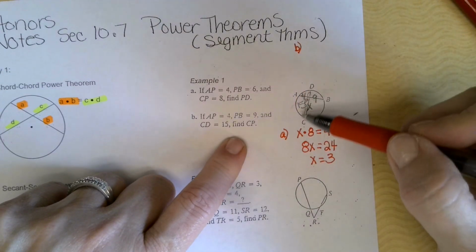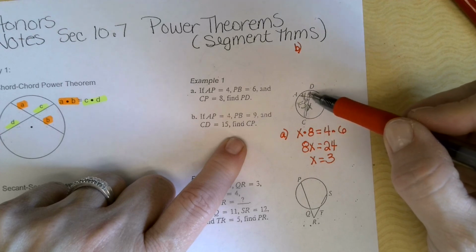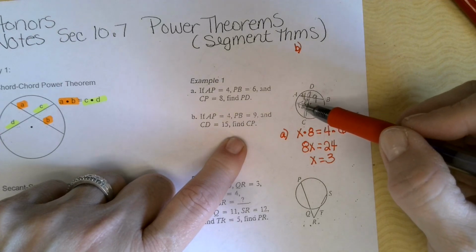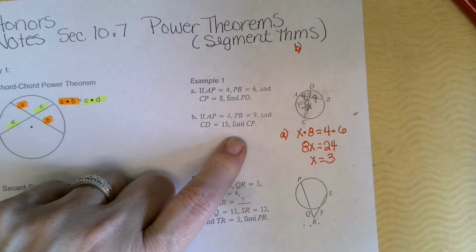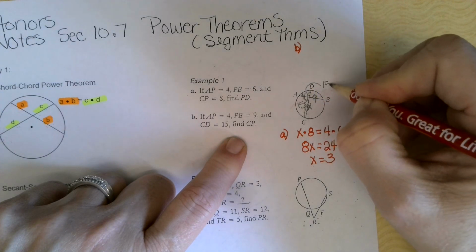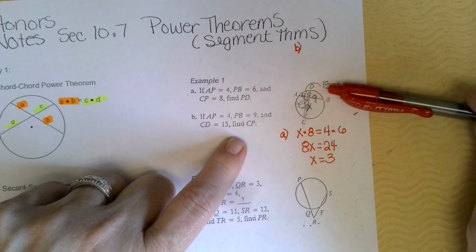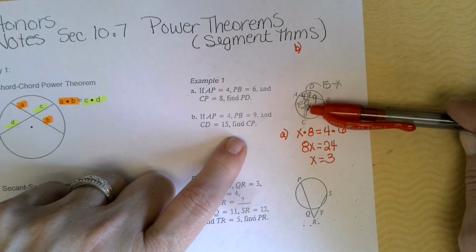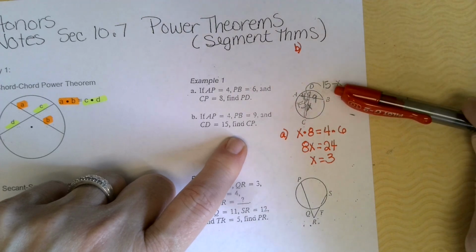If the whole thing is 15, and I know this piece is x, I need to get this other piece. And remember, all we simply do is take the bigger piece, which is 15, and subtract the smaller piece. So this piece right here is represented by 15 minus x. Think about it. If I were to add 15 minus x to x, it would leave me 15. That's how you can double check to make sure you have it correct.